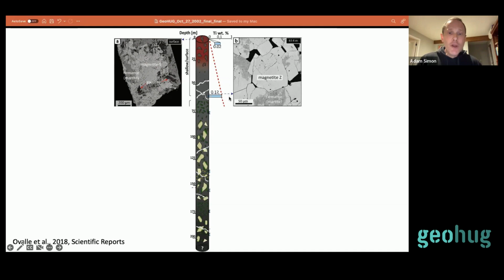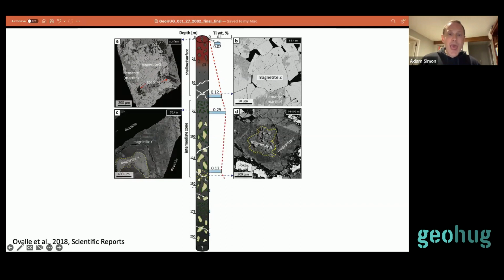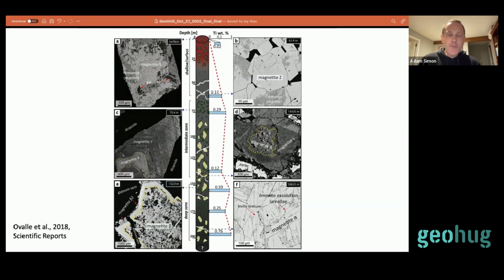But when you start to look at magnetite as you get deeper, you lose goethite. It's dominated by magnetite, some of which has been altered to hematite. And with this pattern, as you go to depth, what we see are multiple generations of magnetite, indicating multiple pulses of ore fluid that moved through the system from bottom to top. And I'll highlight that if you look at the bottom right image here, magnetite in the deepest parts of El Laco is not titanium poor, as many people have reported.